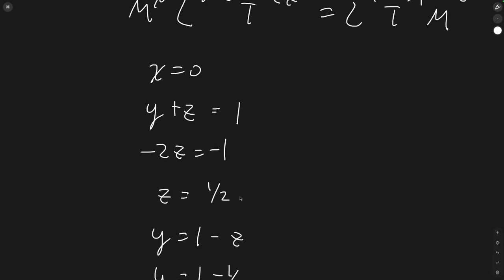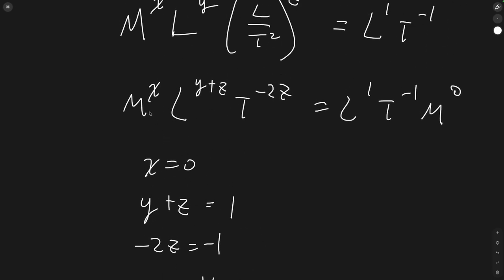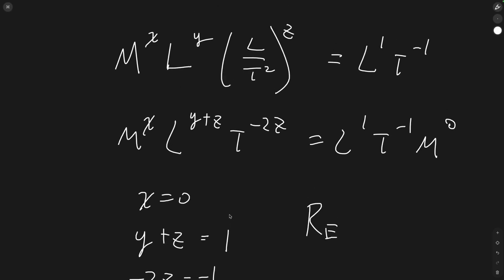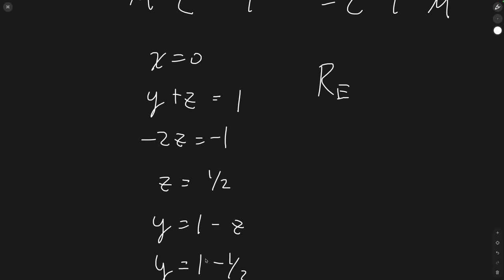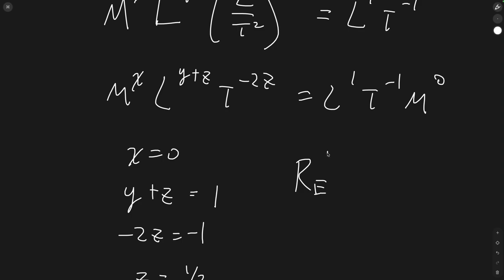So, going back to this, it looks like our M is M to the 0, so there's no M. And then the radius of the Earth, usually I put a capital E, is going to be raised to the 1/2 power.